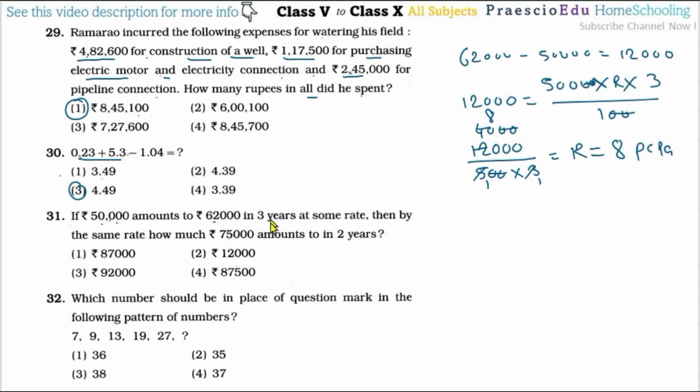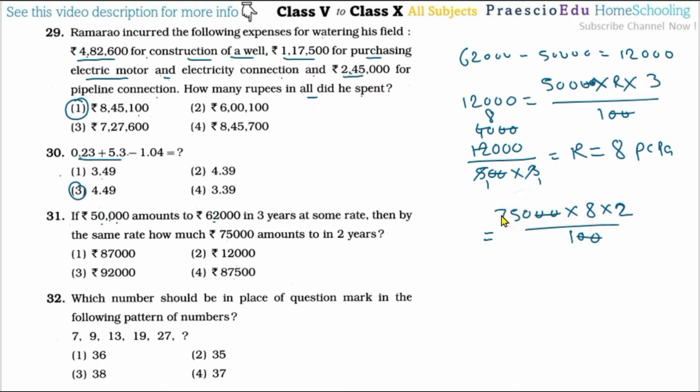Now as per this one, 75,000 principal amount, so 75,000 multiplied by this 8 multiplied by 2 years divided by 100. So what is the interest that we have to find out? This 20 gets cancelled, this 20 gets cancelled.